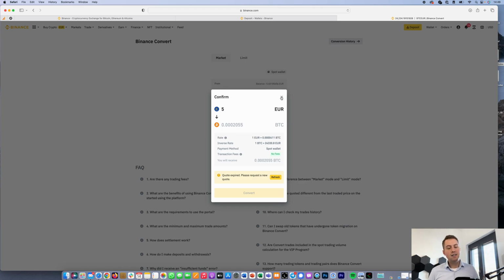The fees are also very low. The fees on Binance, if you want to trade spot, are 0.1%. So if you are selling or buying any cryptocurrency worth 100 euros or $100, you're basically just paying 10 cents as a fee.